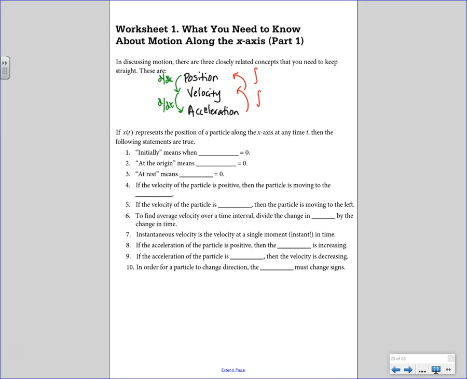What would be 0 at the origin? The position of t. Because it could be going through the origin with a velocity, which is speed with direction, or with an acceleration, but what we do know is that at the origin means position is equal to 0.